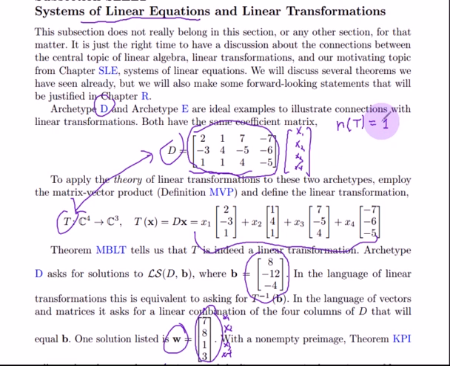We know it's at least 1 because the number of columns is equal to the dimension of the column space plus the nullity, but the dimension of the column space can't be bigger than the dimension of the row space. So in this particular case, the nullity of T is 1 and the rank of T is equal to 3. So what does that mean in terms of the linear transformation?